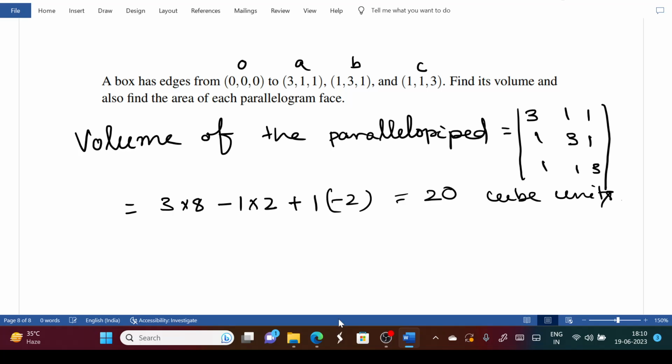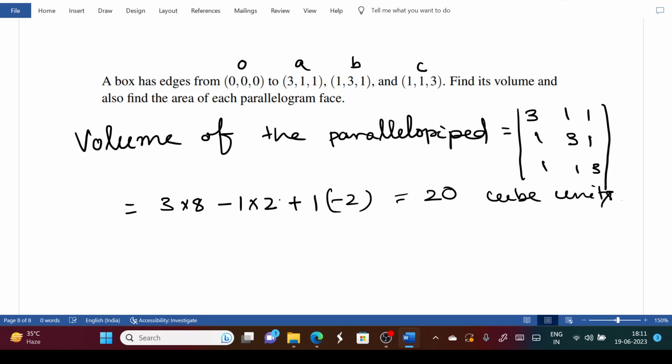Okay, now the second part, that is, find the area of each parallelogram face. So there are 6 faces. One has A and B as its sides, another B and C as its sides, another C and A as its sides, likewise 2 each.